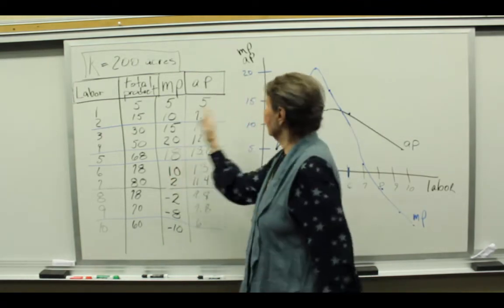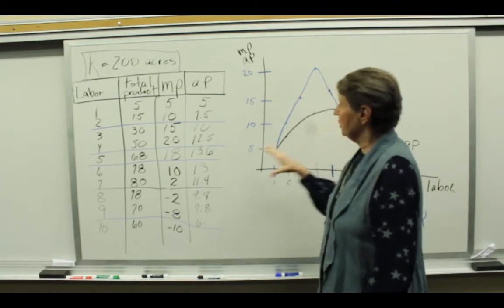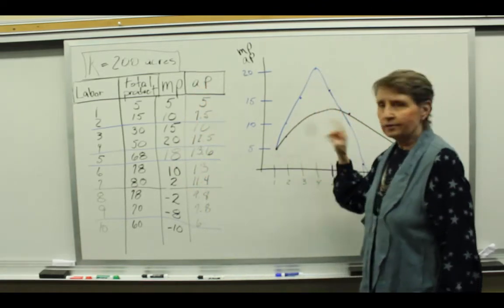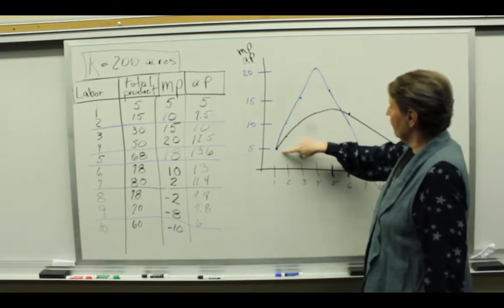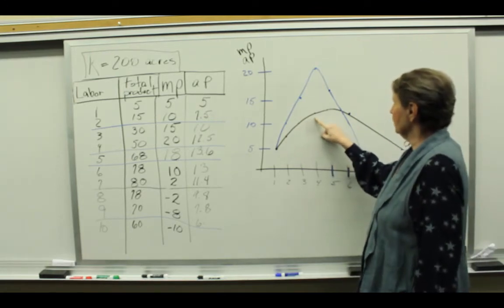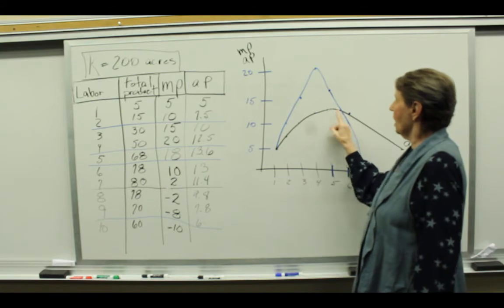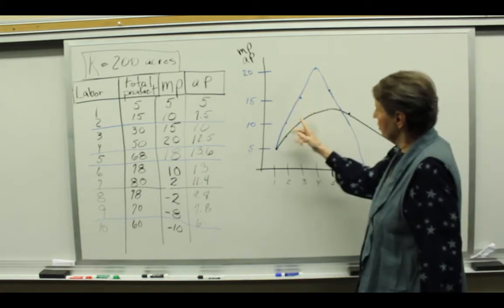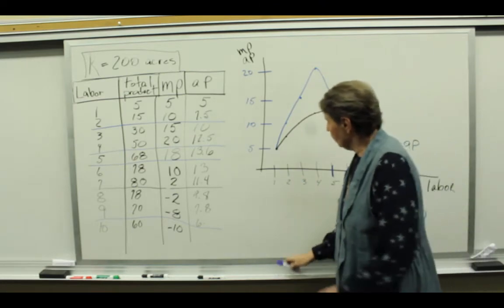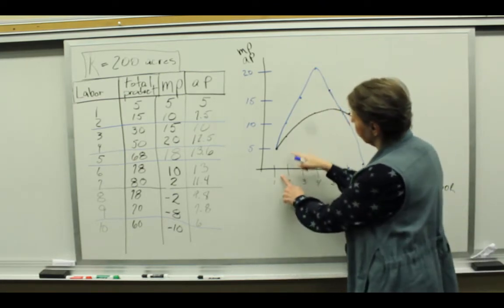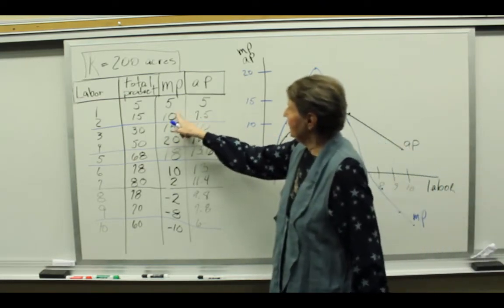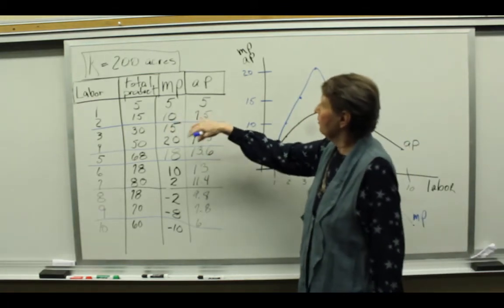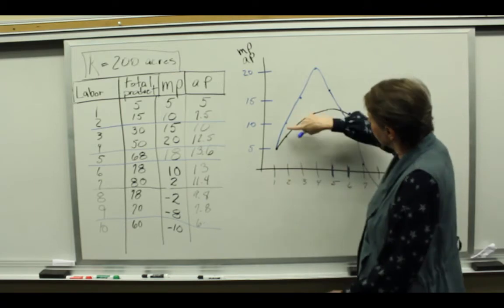In fact, what I've done here is put marginal and average together using this same data, and you can see what happens to average. It's getting pulled up, up, up, up, and the reason it's being pulled up is because marginal is above it. In other words, the marginal product of the second worker is 10. The average product of 2 workers is 7.5.